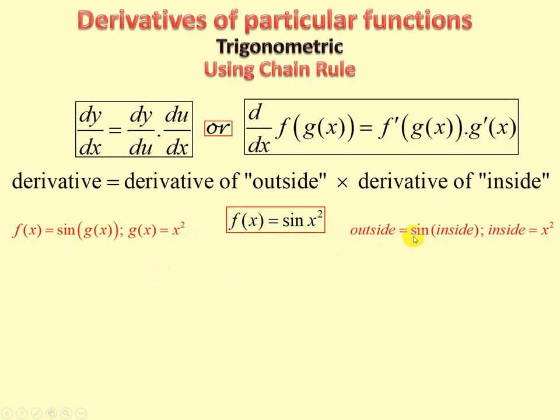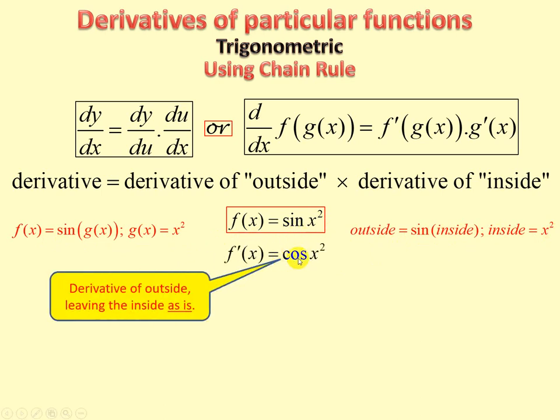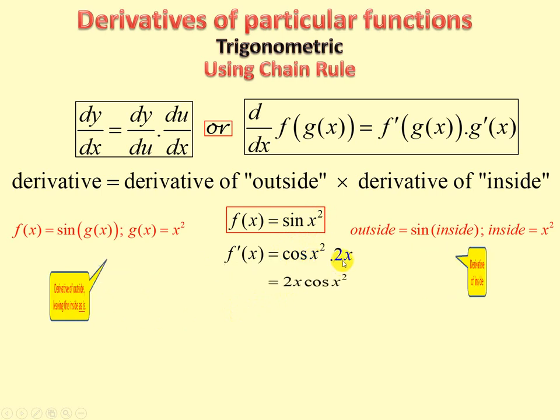So the outside equals sine of the inside, and inside equals x squared. So sine of x squared goes to cos of x squared, derivative of the outside, leaving the inside as is. And now we differentiate the inside. And that gives us our 2x cos x squared.